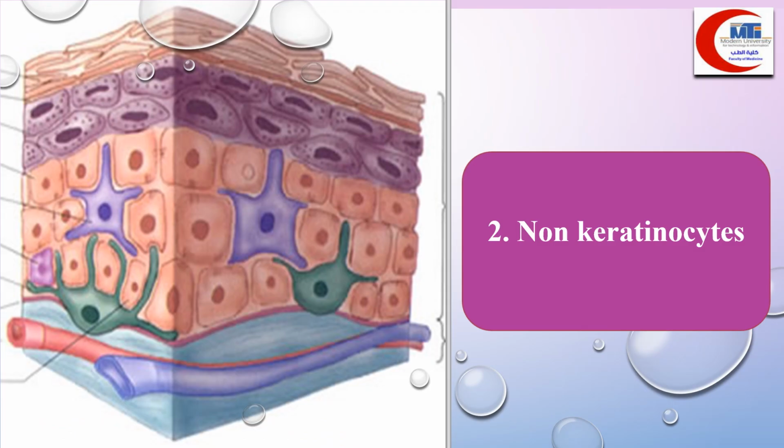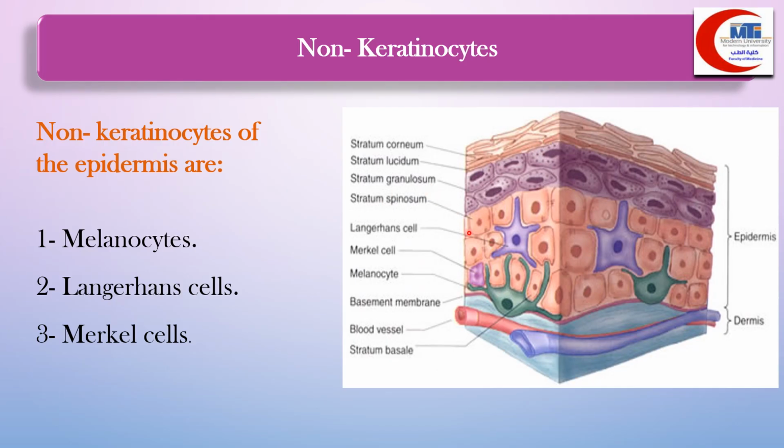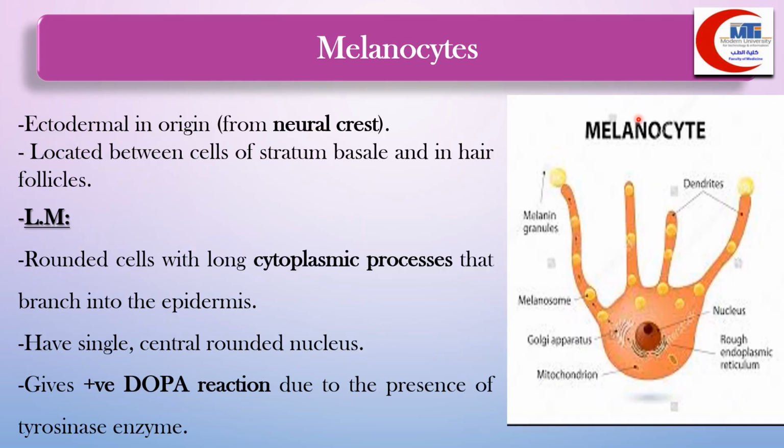Okay, let's now discuss the non-keratinocytes. The non-keratinocytes of the epidermis are the melanocytes, Langerhans cells, and Merkel cells. Melanocytes are ectodermal in origin from the neural crest. They are located between cells of the stratum basale and in hair follicles.